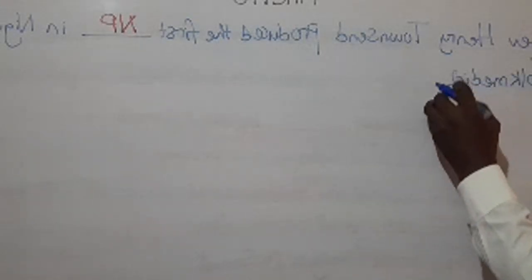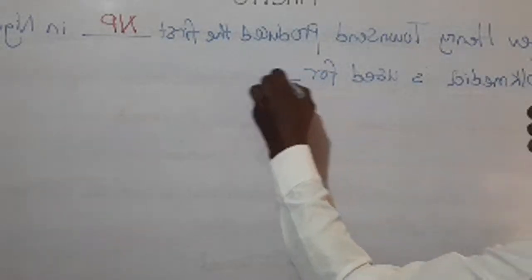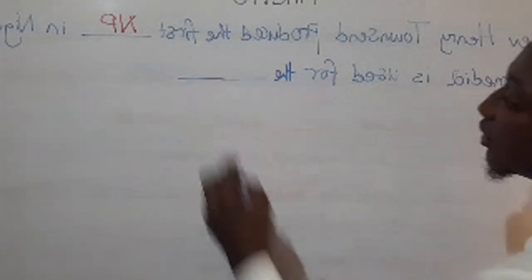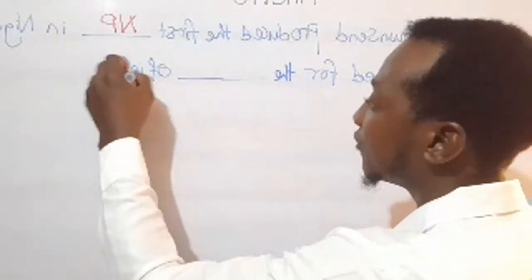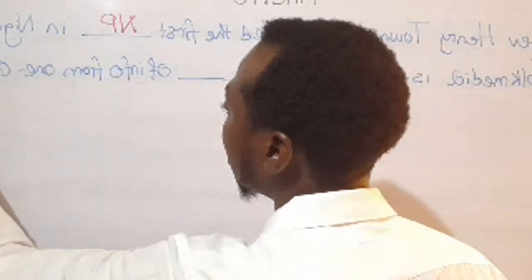Question 13. Now, it says here, folk media is used for dash of information from one generation to another.